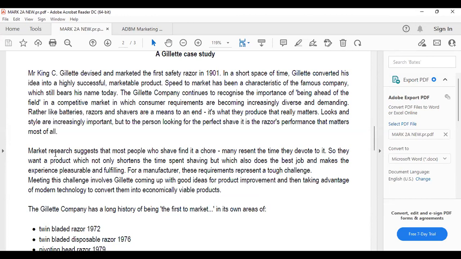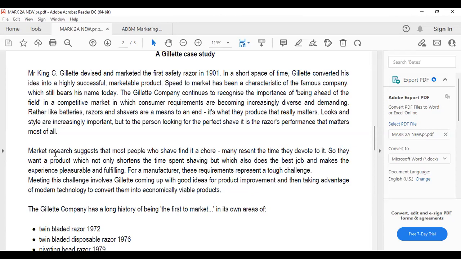In this case, people resent the time they devote to shaving using the razor blade, which means this is not the growth stage. So the introduction and the growth stage are ruled out just by this statement.